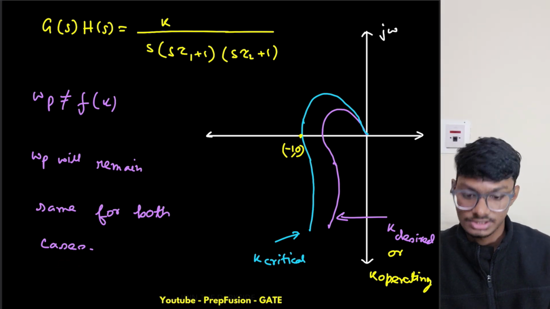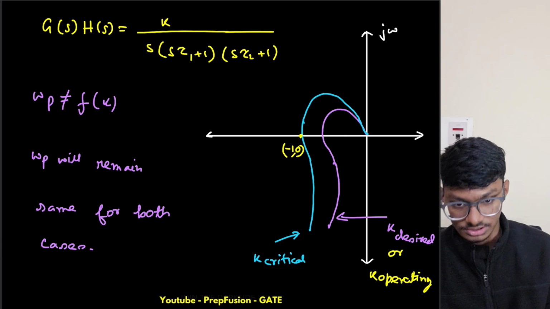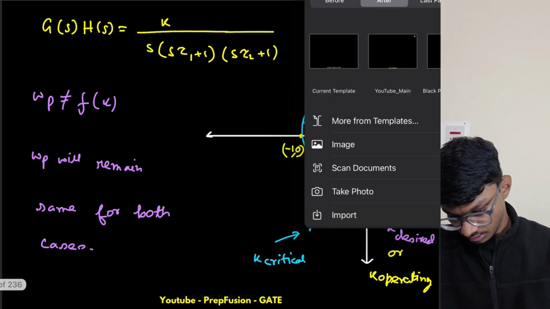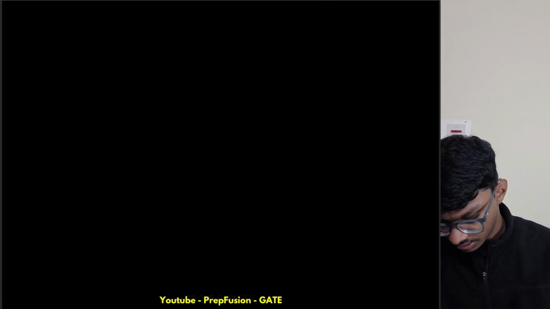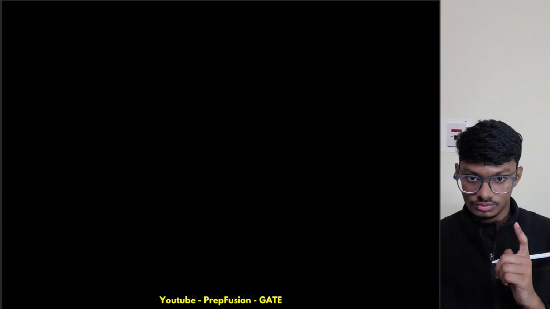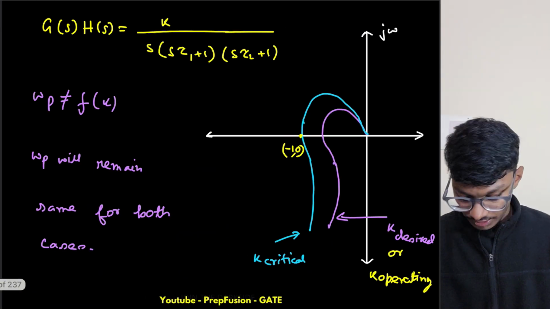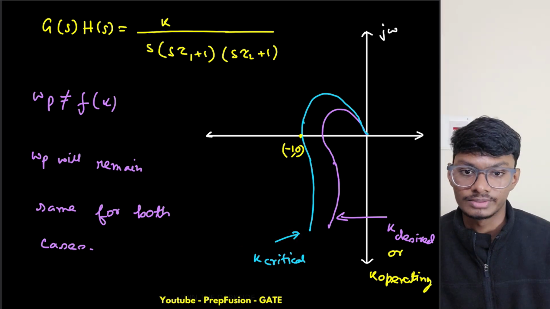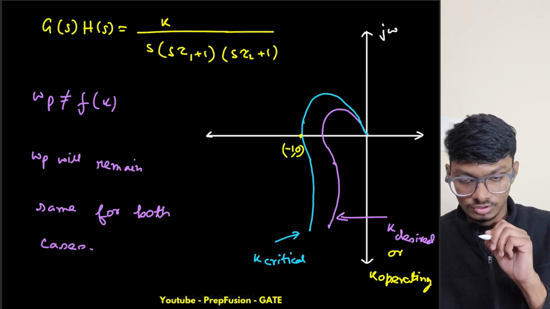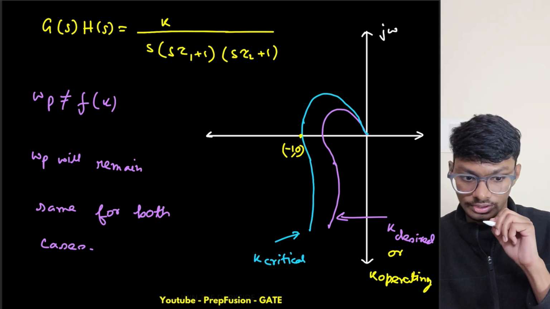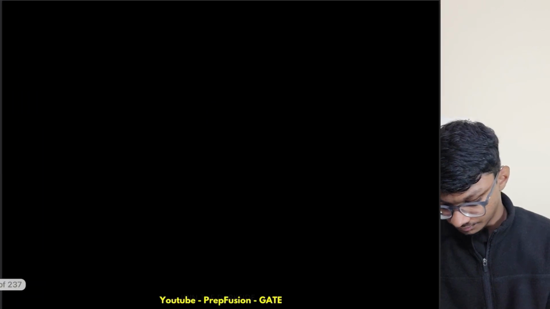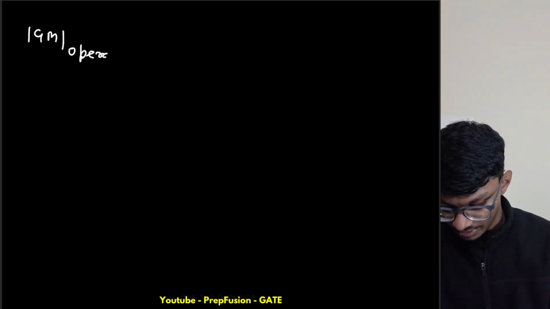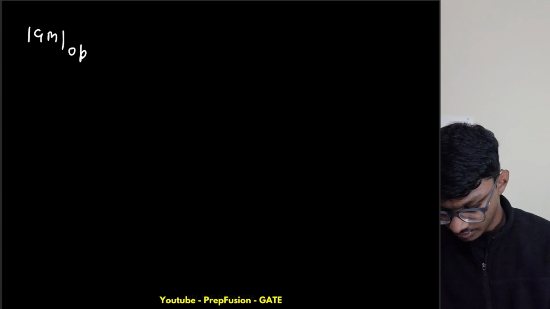If omega p is the same for both cases, only the gain margin will change. If my k is k critical, what is the gain margin? Gain margin is 1 in absolute value, or 0 in dB. Now GM operating: what is the current GM when the system is operating?